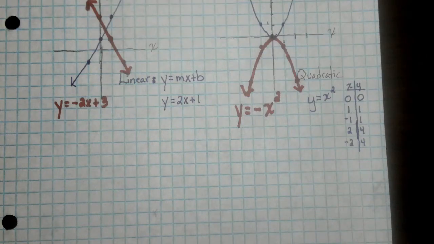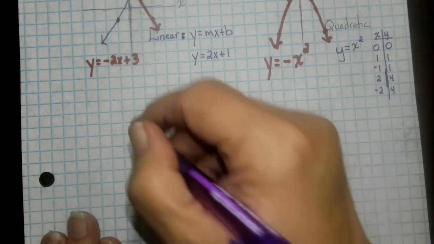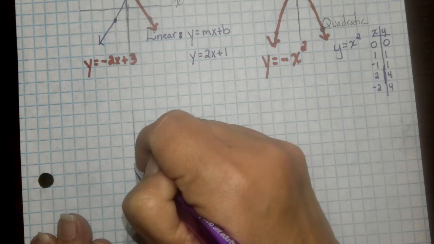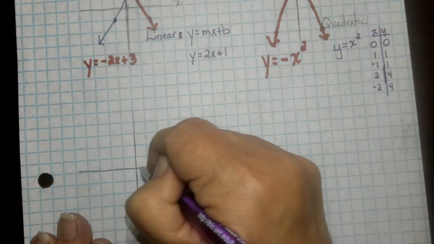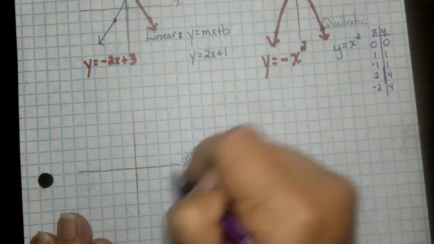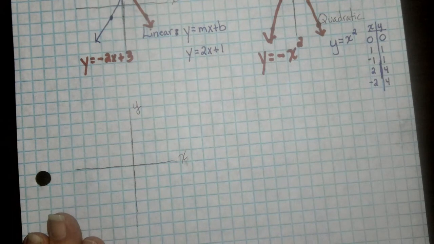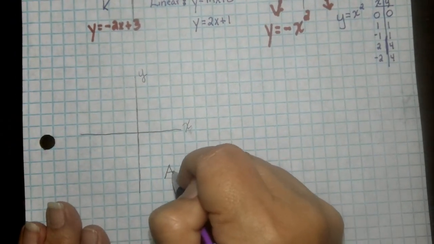Okay, so the next function that we're going to look at is the absolute value function. So again, let's draw another graph. It's our x and our y. And this is named absolute value.